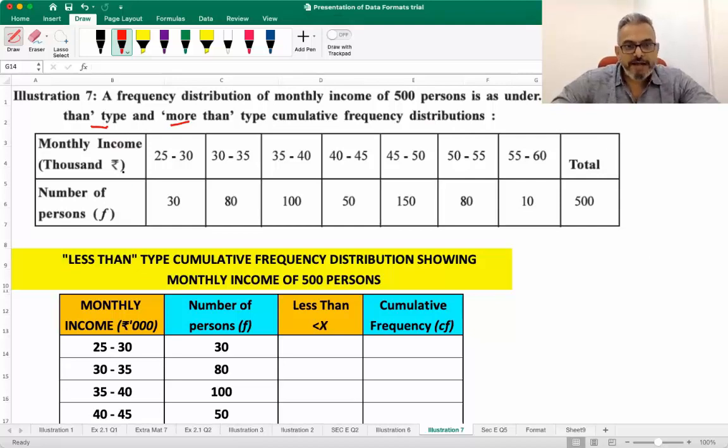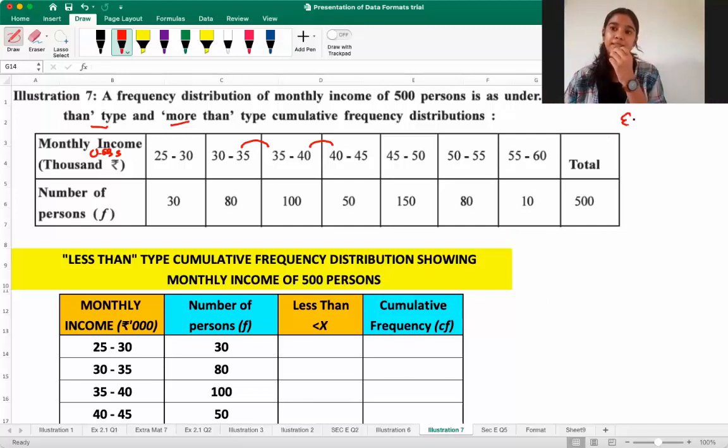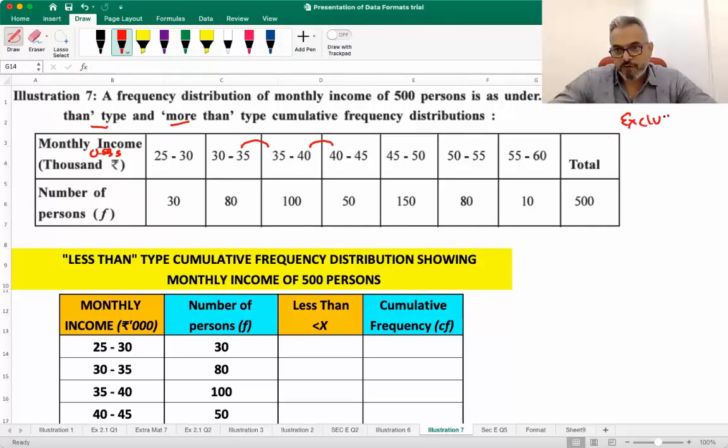Monthly income is given, so they are our classes: 25 to 30, 30 to 35, 35 to 40. You can see repetition over here. So what type of frequency distribution is this? This is exclusive. I'll write exclusive.